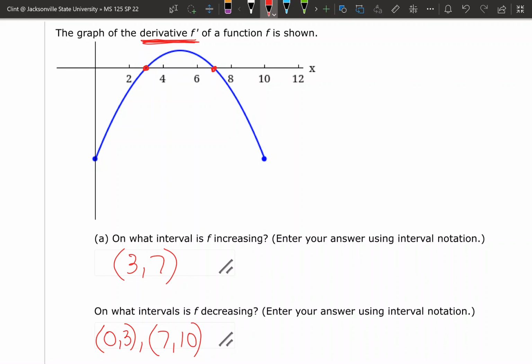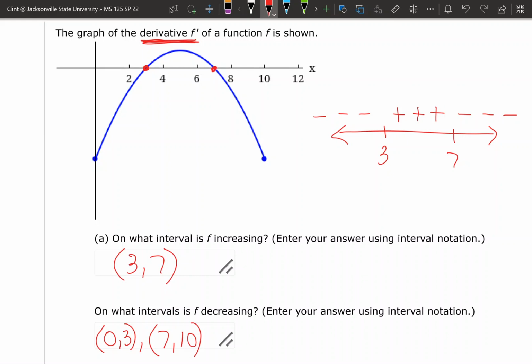And then part B asks us at what values of x does f have a local minimum or maximum? Again, this is just a different way of doing a sign chart, with more detail. If we were doing it with our regular sign chart, we would say it's negative over here, positive between 3 and 7, and then negative there. So we've got one of each.